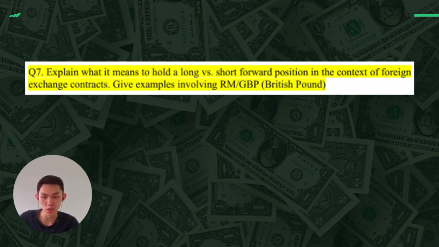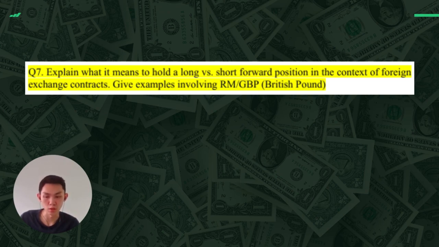If the exchange rate moves from 580 to 585, which is the ringgit Malaysia depreciation, they have to pay an extra 10,000 because we need more money to buy one pound sterling. So if the domestic currency depreciates, the cost of buying foreign currency or foreign products will increase. This is the example for the short position forward contract.